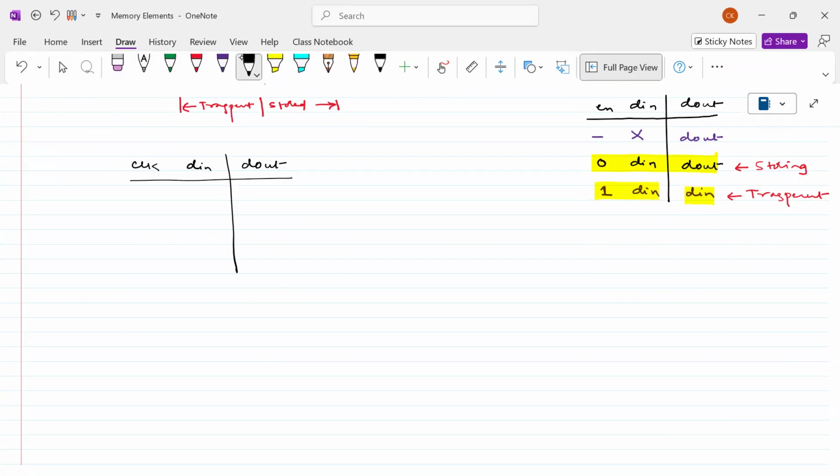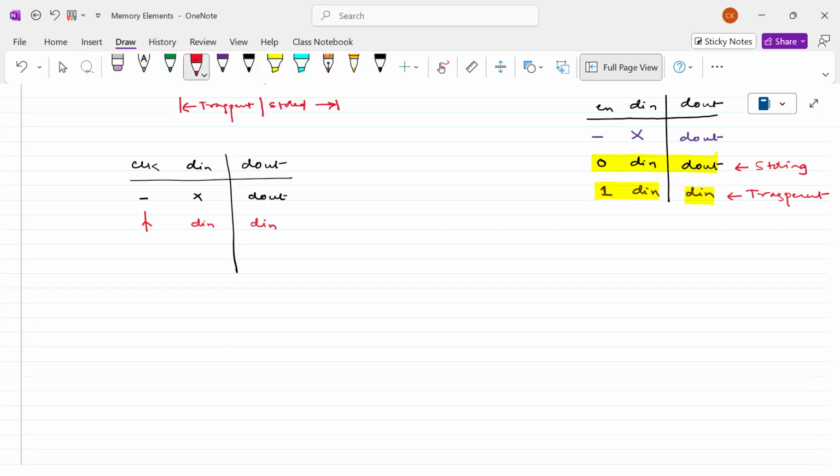If the clock is not given, irrespective of whatever the DIN is, the output is the previous value. It is the same as that of the latch also. Now, whenever you see a positive edge, whatever the DIN that you give, the output will be transparent, that is DIN.